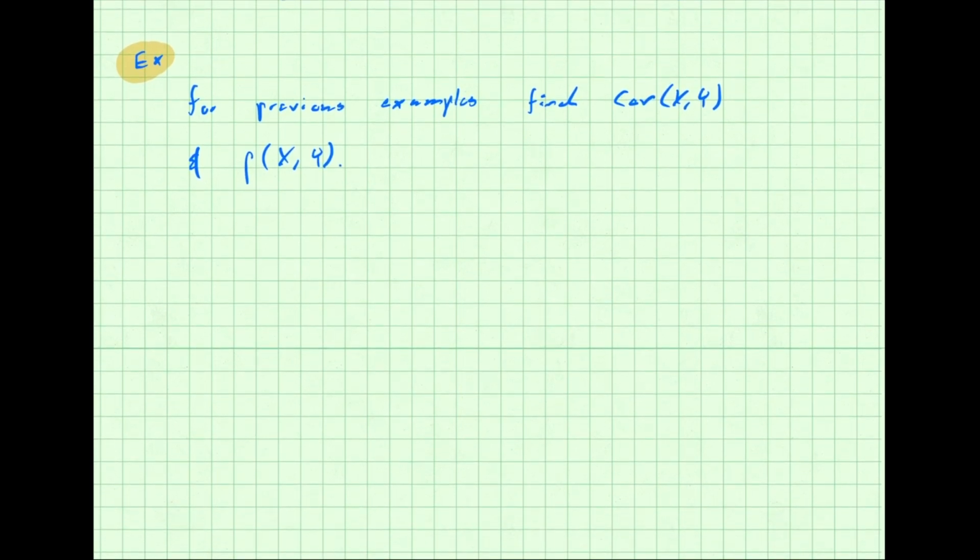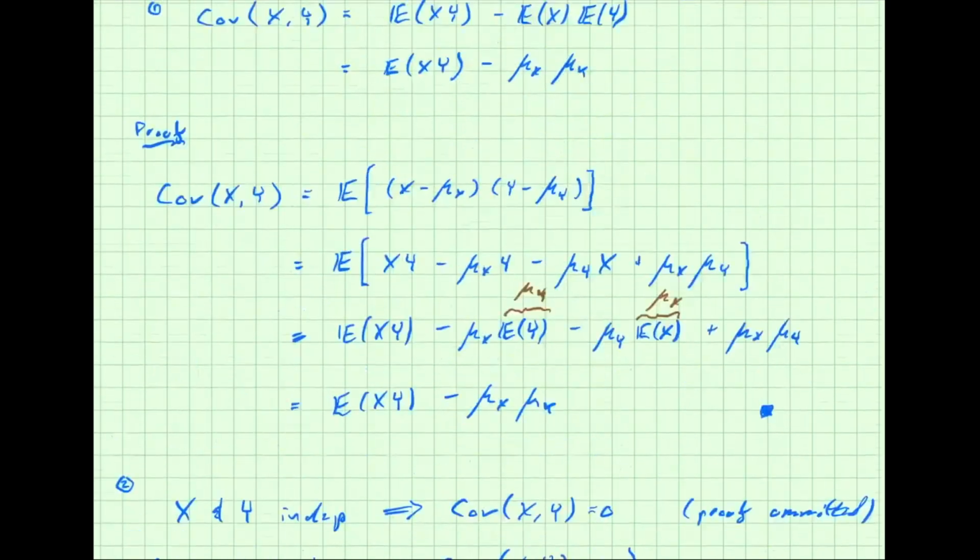The covariance is pretty simple, right? So covariance of x and y is the expected value of their product minus the product of the expected values. And if you go way back to the start of the lecture, let's find those. That's the very first thing we did in the lecture today.